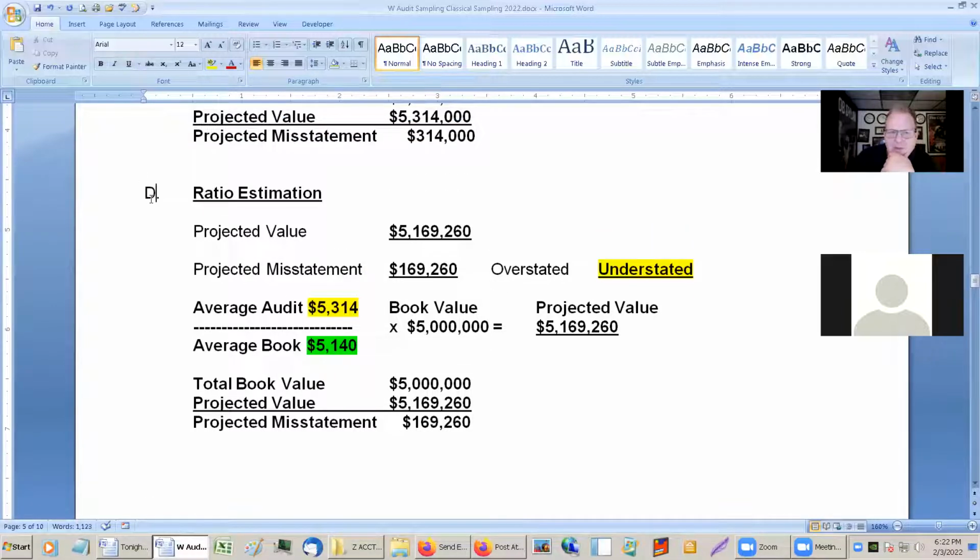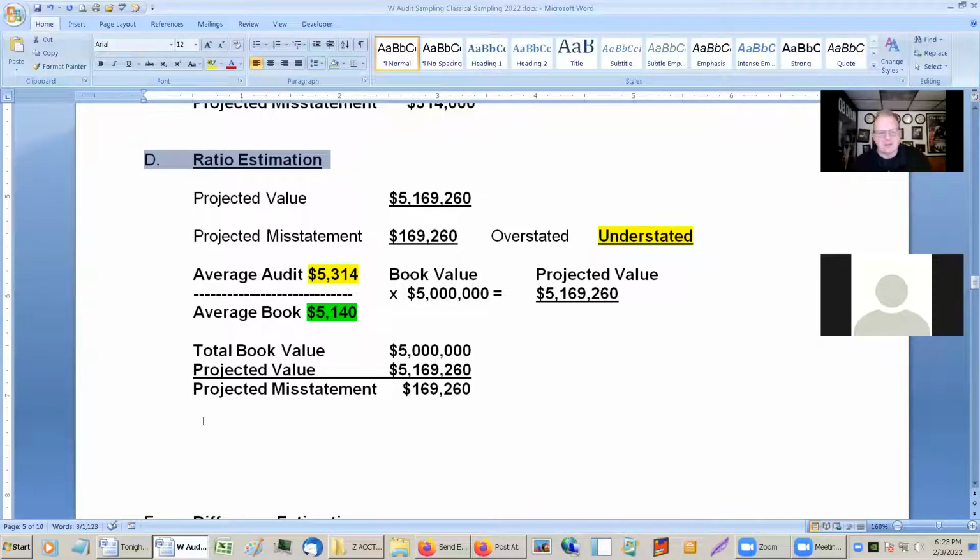In my humble opinion, ratio estimation is usually the one you'd want to go to if you're on the fence. We'll talk about when you use each one, but this is probably the most theoretically accurate way to do it. It just makes more sense that large items have larger errors than small items.